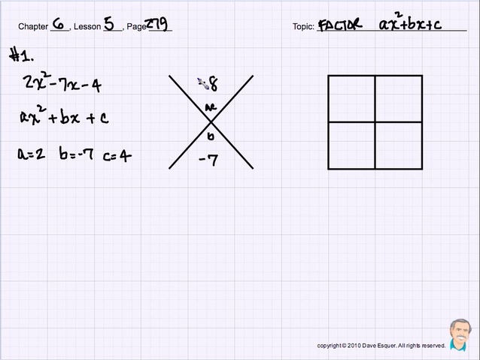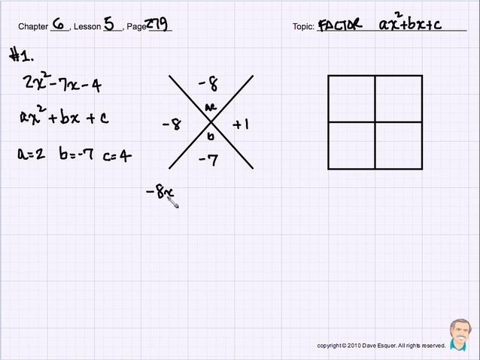So let's think about a product of two numbers that turns out to be negative 8, and yet their sum turns out to be minus 7. And I think we can use a negative 8 and a plus 1. Negative 8 times positive 1 is a negative 8, and a negative 8 plus 1 is a negative 7.